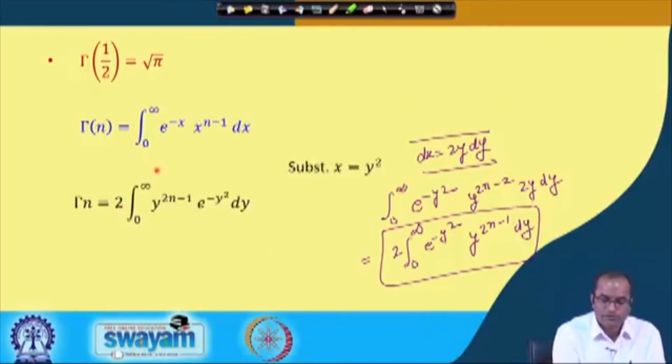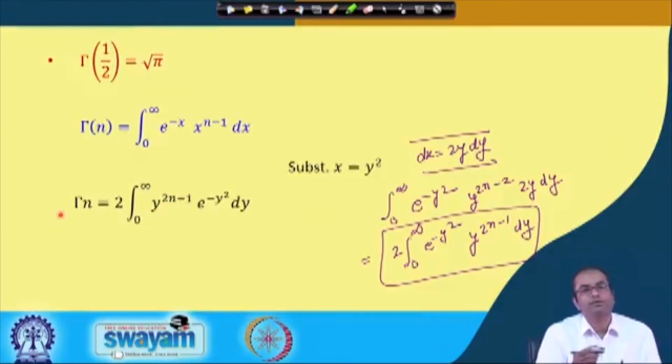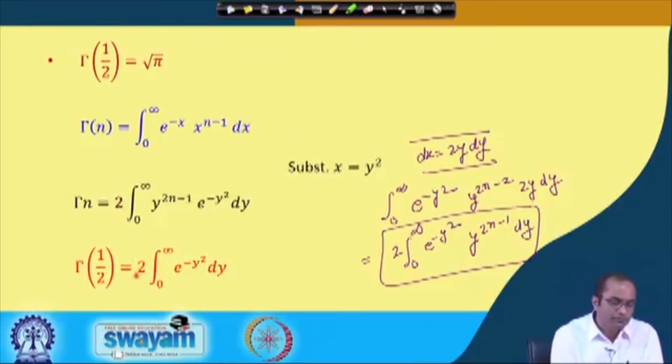So, this is 2 times integral 0 to infinity e power minus y square y power 2n minus 1 dy, and now we will substitute n is equal to half. So, we have 2 times integral 0 to infinity, and y power 0 is 1. So, we have e power minus y square dy, and this is a well known integral which we will also evaluate when we talk about the double integral later on.